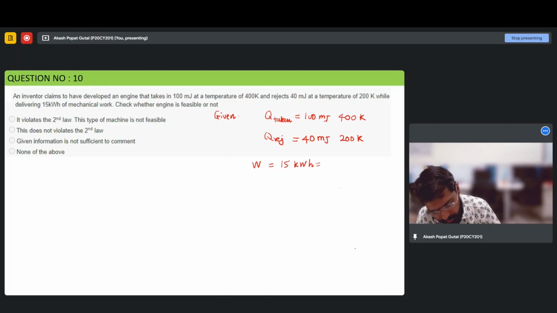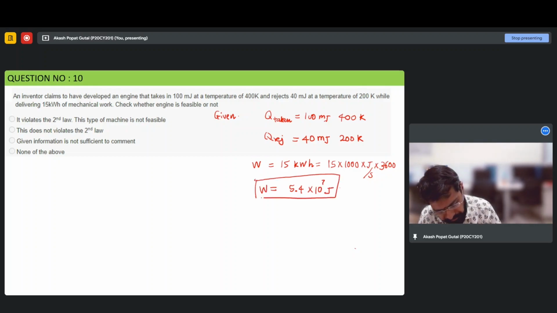So we'll convert it into joules, that is 15 into kilo, which is 1000, into watt, which is nothing but joule per second, and the hour we can convert into seconds as 3600 seconds, which gives you 15 into 1000 into 3600. It's 5.4 into 10 raised to 7 joule.